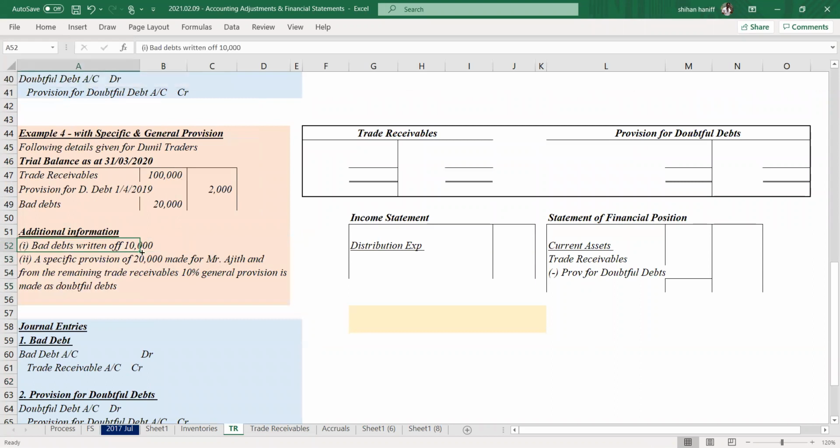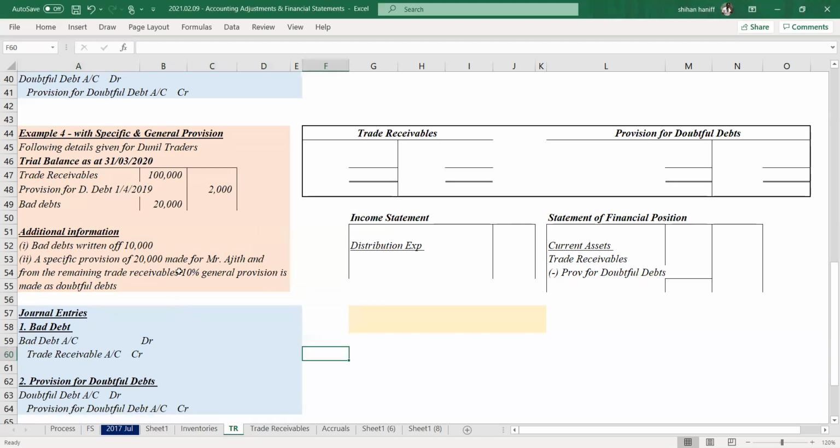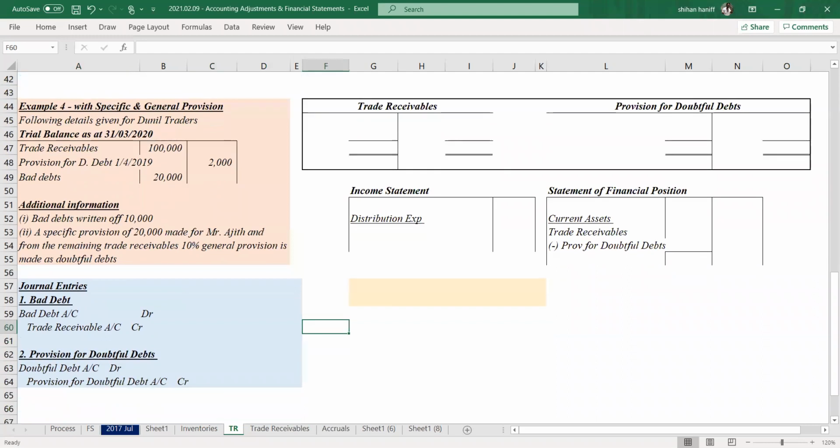Bad debt written off is 10,000. Specific provision of 20,000 made for Mr. Ajit. And from the remaining trade receivables, 10% general provision is made as doubtful debts. Right? So this has specific provision and general provision both. Very important adjustment.